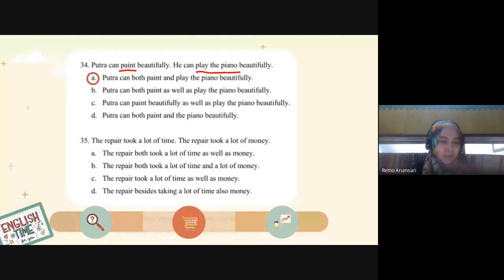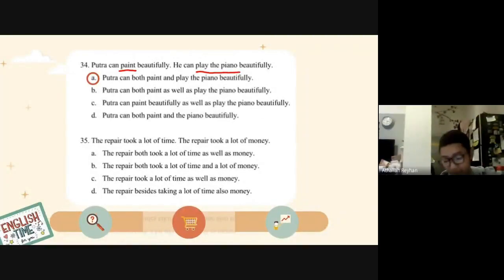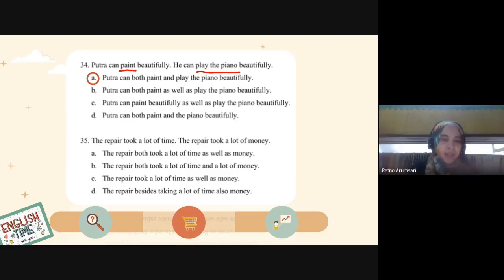Next, let's go to Atala Rehan for number 35. The repair took a lot of time. The repair took a lot of money. The repair took a lot of time as well as money. Yes, that's right. It's C. Let's find the differences.